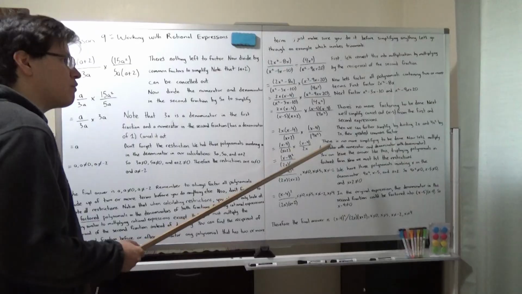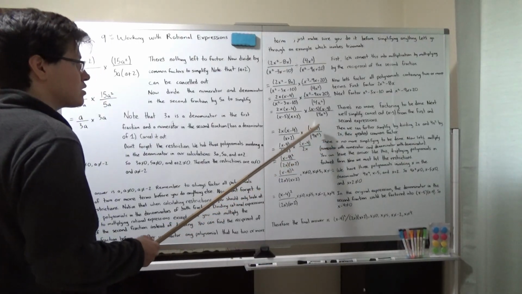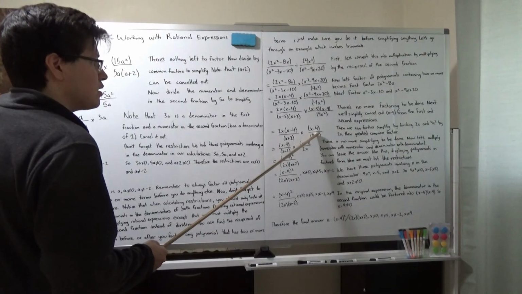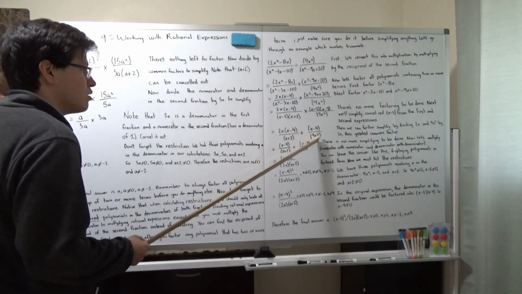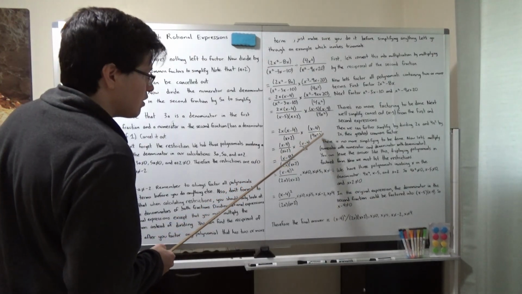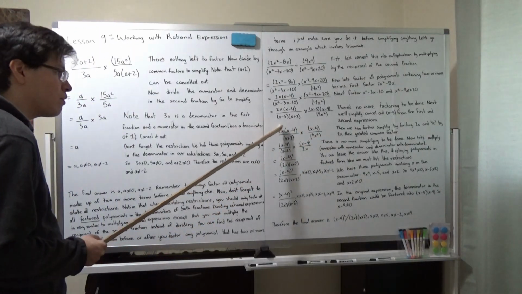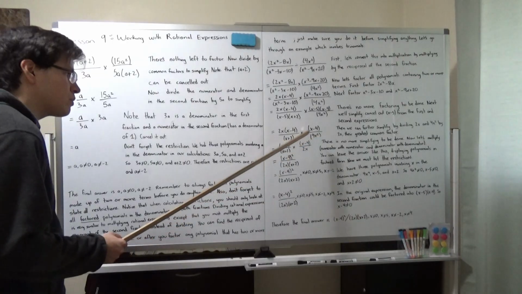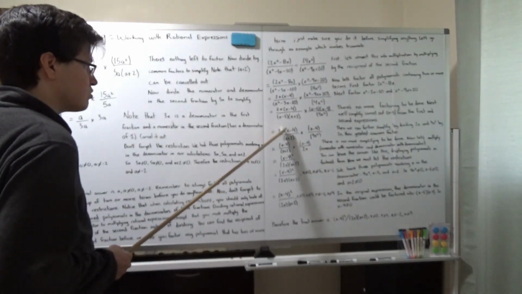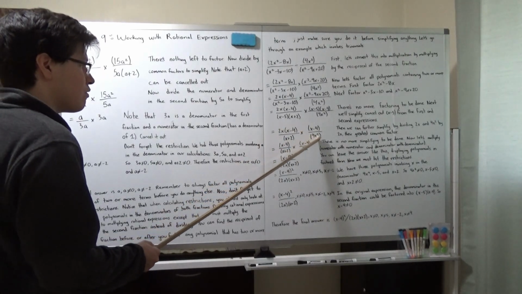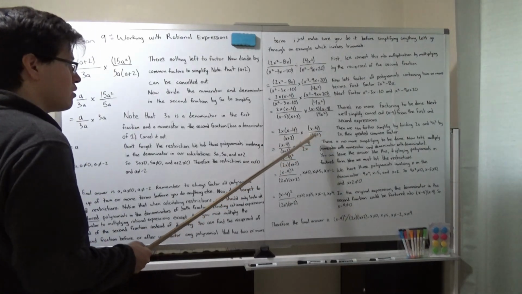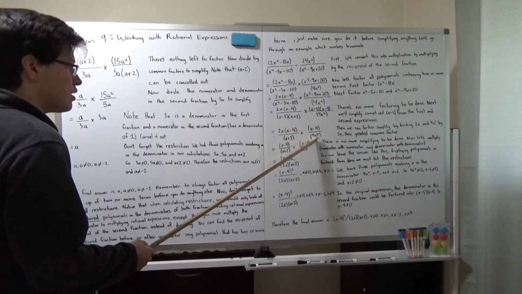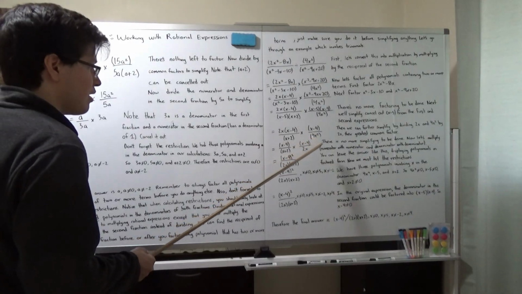Then we can further simplify by dividing 2x and 4x squared by their greatest common factor, 2x. 2x divided by 2x is 1, and 4x squared divided by 2x is 2x.